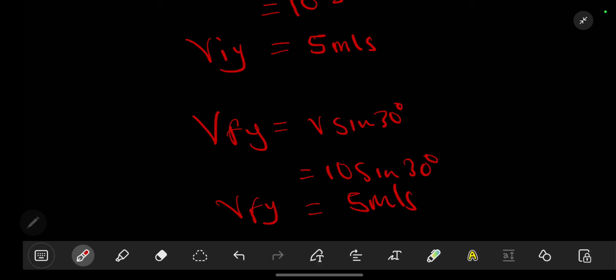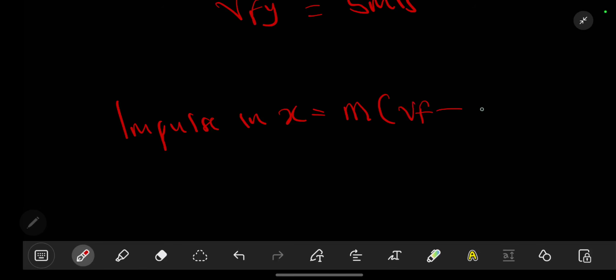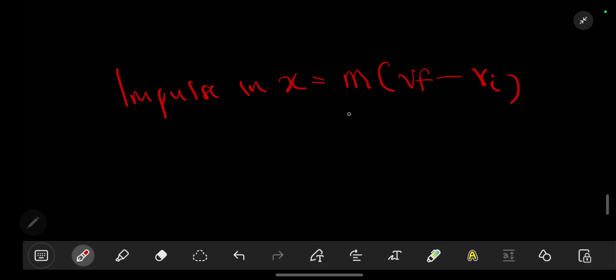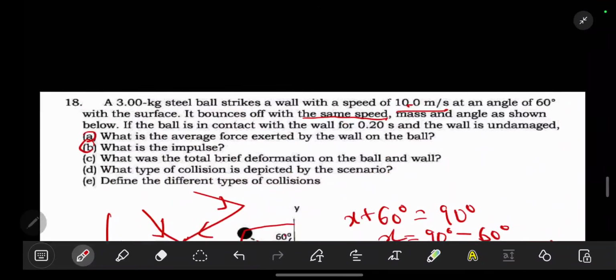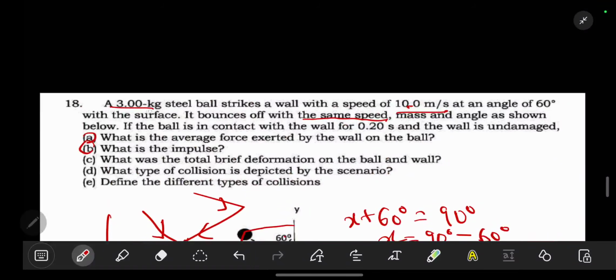So that means the impulse in the x will be equal to, long story short, mass times the open brackets final velocity minus the initial velocity. So that is in the x. The mass, we are provided with a mass which is equal to 3 kg.